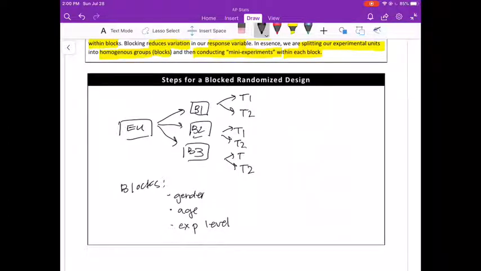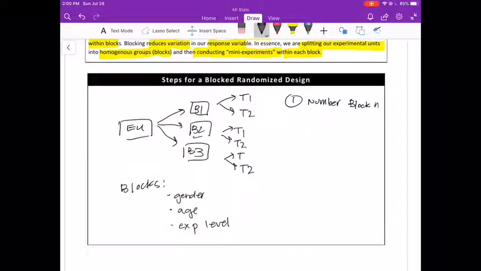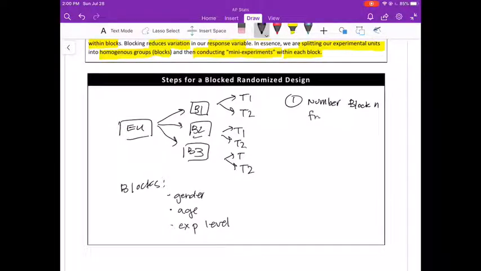Now to do a randomized block design, you want to start with a block. So number block 1 to n.